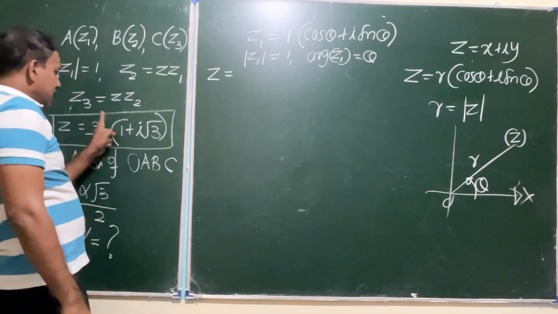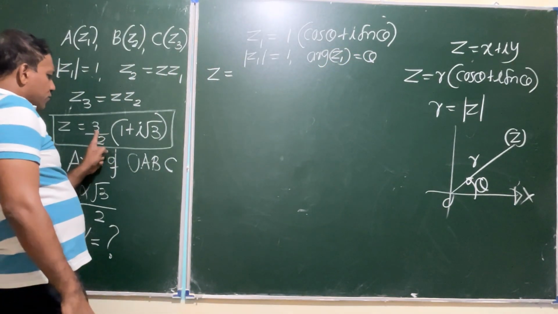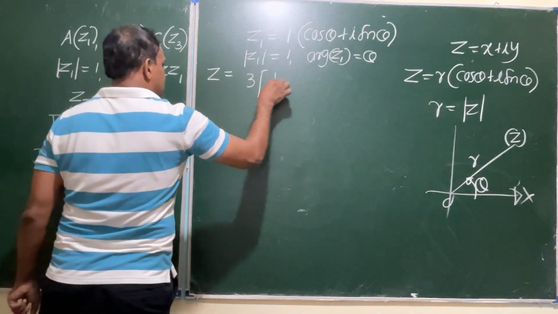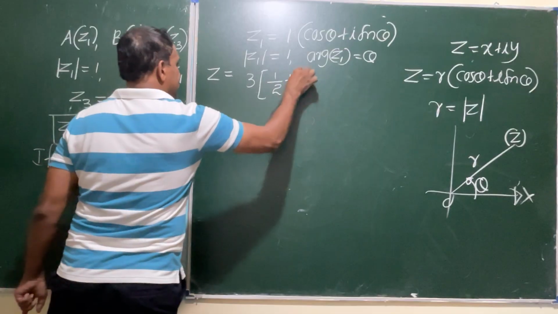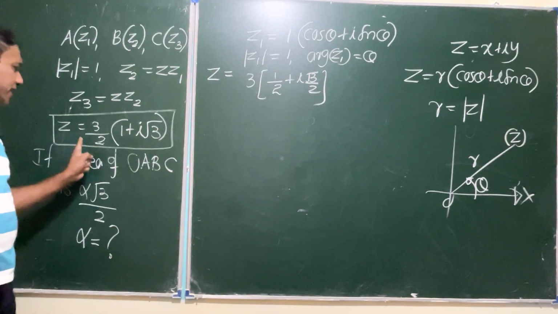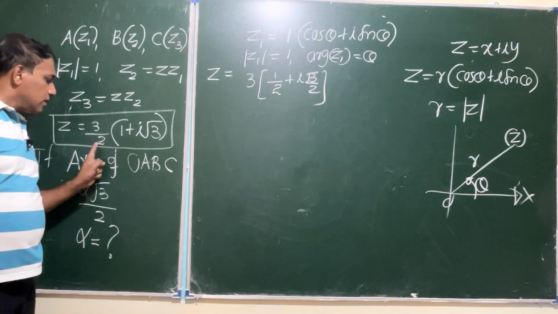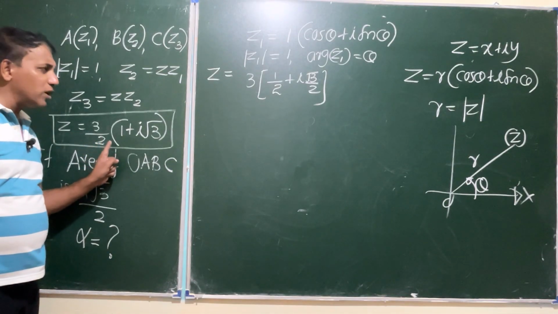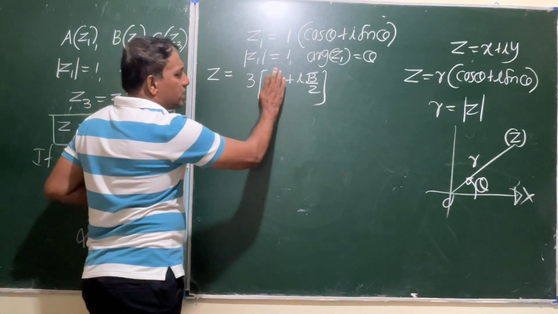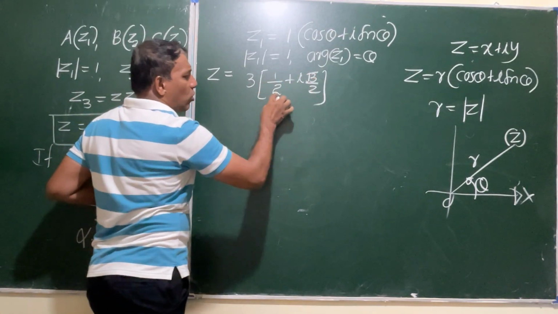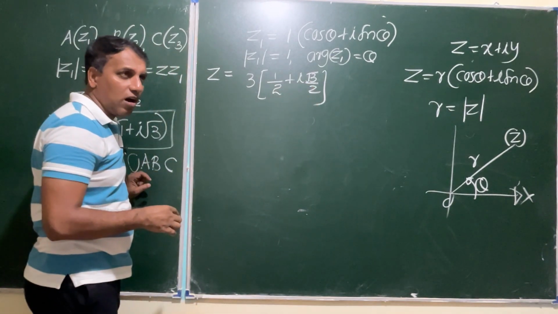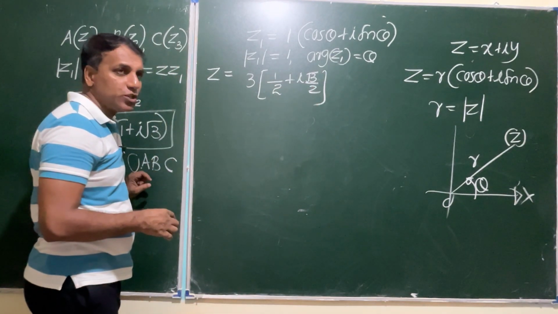Now see what Z is: keep the 3, put the half inside. I try to show the polar pattern: half plus i times root 3 by 2. Okay, this is provided as the complex number Z. Better we find what Z is in the polar pattern. Take the 2 inside: this we call the trigonometric pattern, cos theta half, sin theta root 3 by 2.